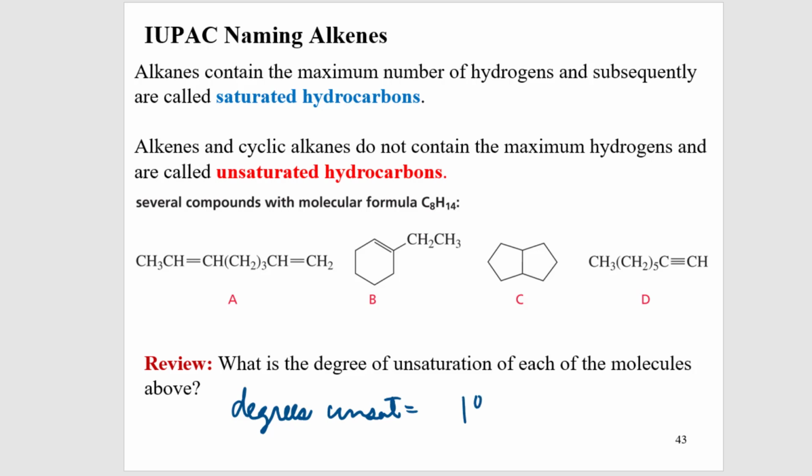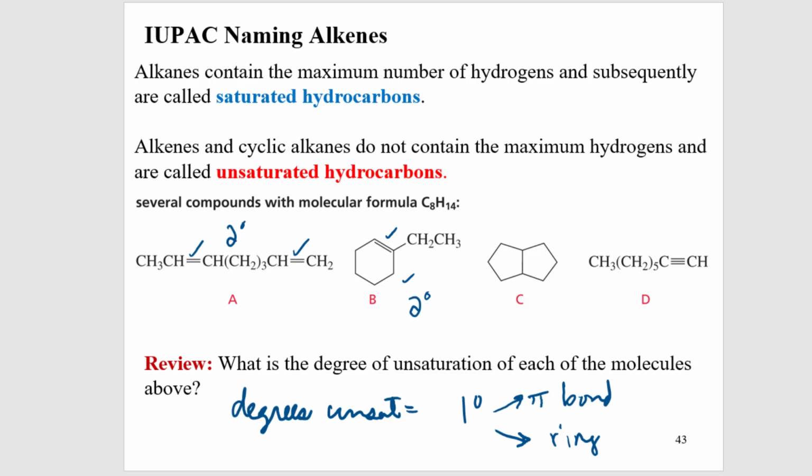is 1 degree is either a pi bond or a ring. So if I look, I can see that there's a double bond there and a double bond there. So this would be a 2 degree of unsaturation molecule. B has a ring and a pi bond, so this also would be a 2 degree.